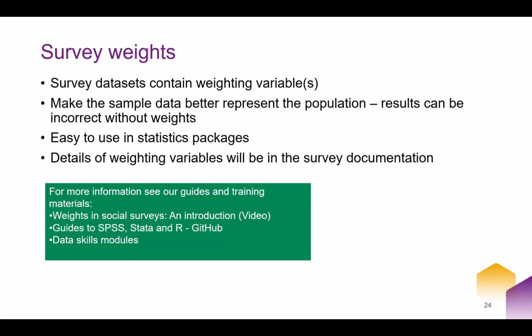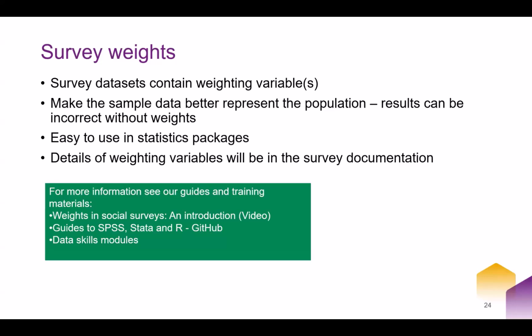So to create weights, survey data are compared with population characteristics from sources such as the census, and common weighting factors include age, sex, social class, and for some surveys, it will also include ethnicity.